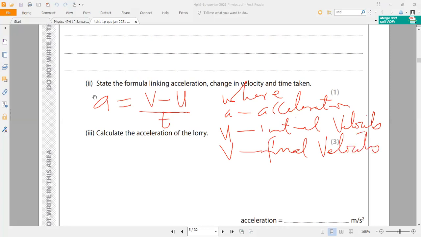Good. Now this is the formula linking the three of them: acceleration, change in velocity, and time. Having stated this, now let's solve the problem.